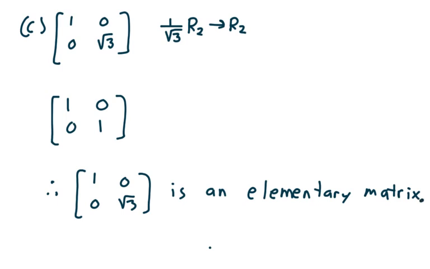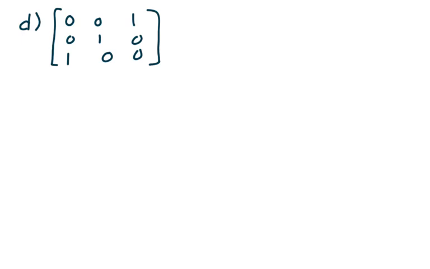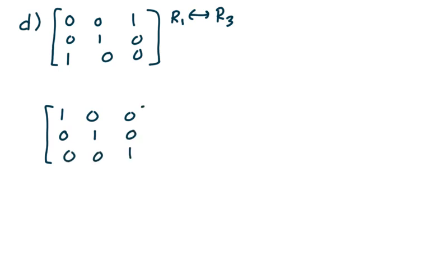And then let's take a look at D. Suppose I give you the matrix 0, 0, 1, 0, 1, 0, 1, 0, 0. This is a great one because all I have to do is take row 1 and swap it with row 3. When I do that, I get the matrix 1, 0, 0, 0, 1, 0, 0, 0, 1.